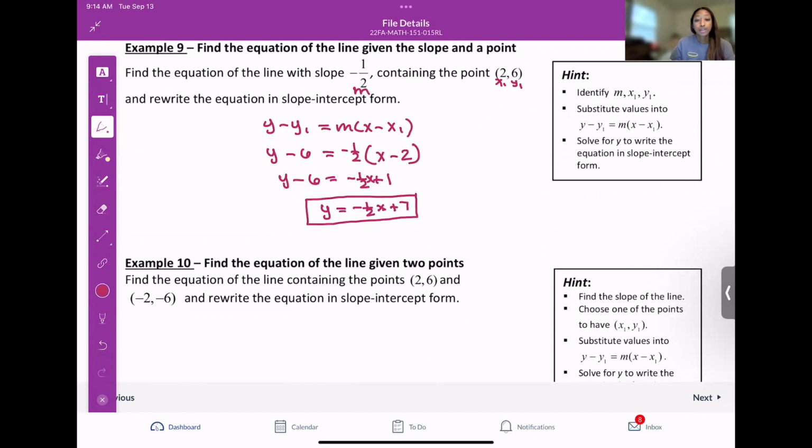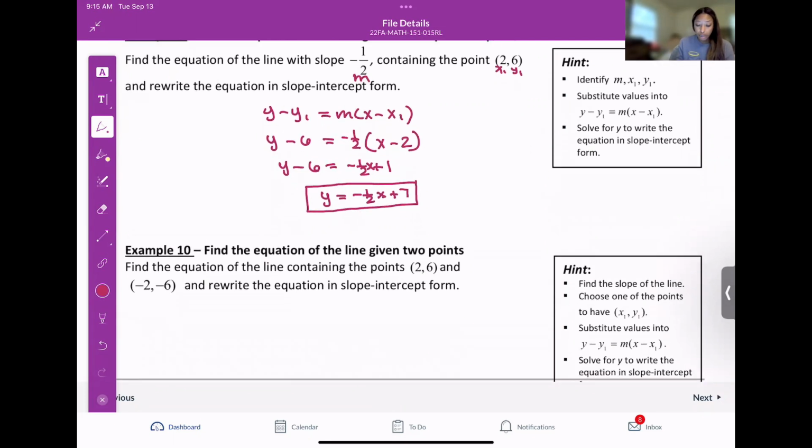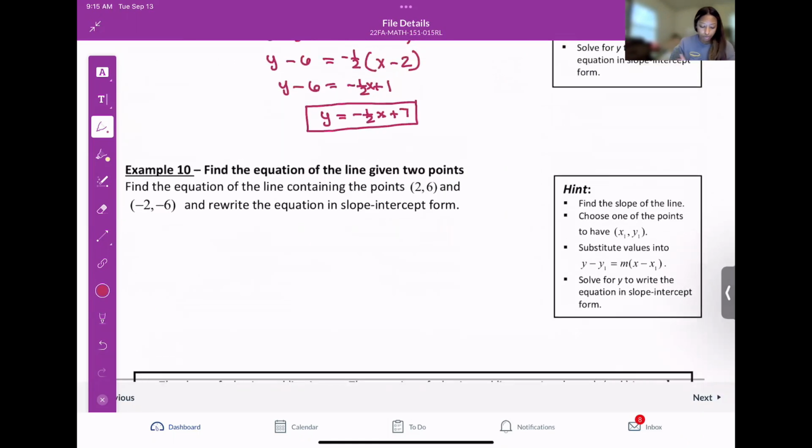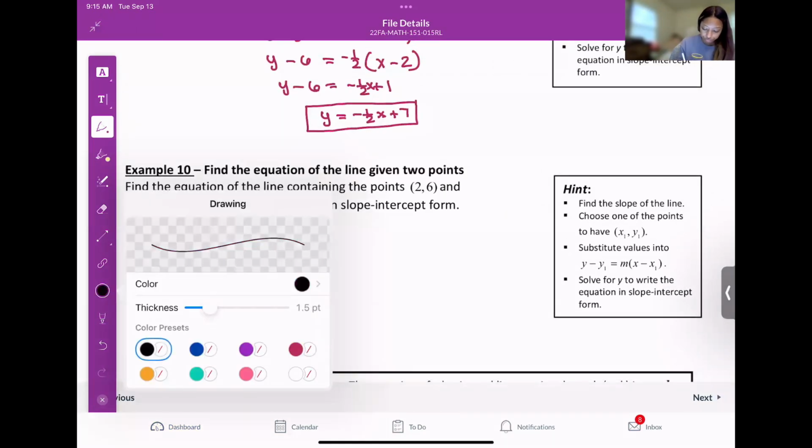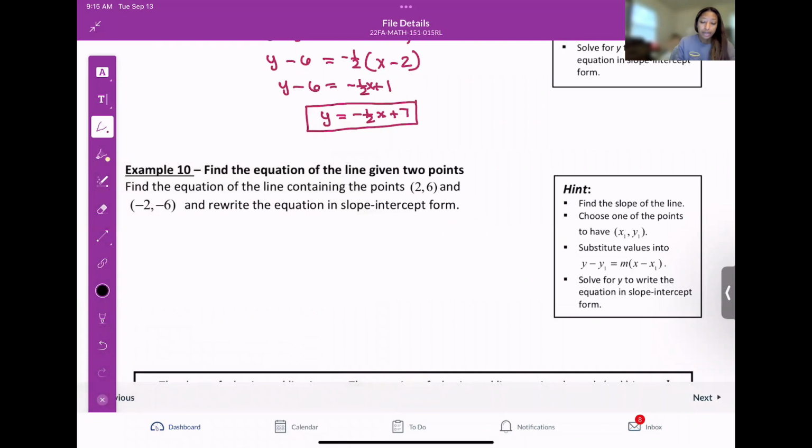All right, so for problem number 10, I'm actually going to show you two different ways we can do this. It says given two points, find the equation of the line in slope-intercept form. I'll show you the way that we did it earlier, and then I'll show you the new way using point-slope. First thing you have to do in either method is find the slope.